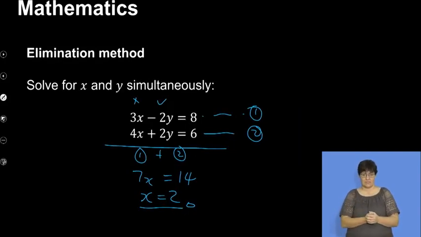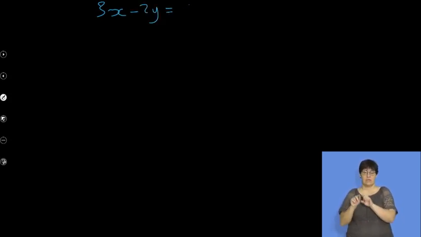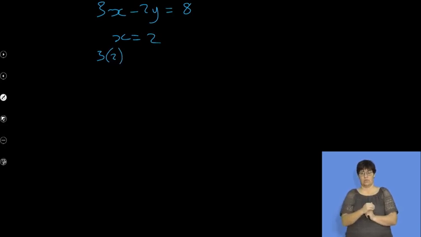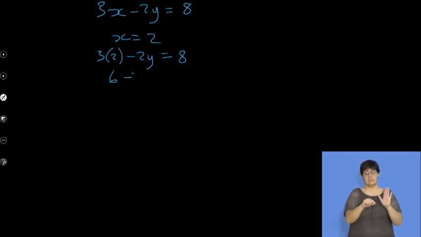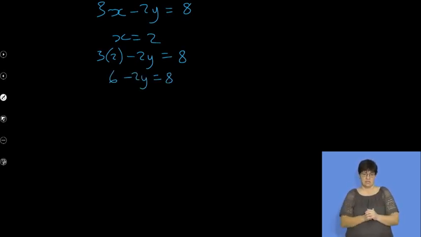So if I substitute it into 3x minus 2y equals 8, with x equals 2, I will get 3 into 2 minus 2y equals 8. This is 6 here, so it will be 6 minus 2y equals 8, minus 2y equals positive 2, because it's going to be 8 minus 6.